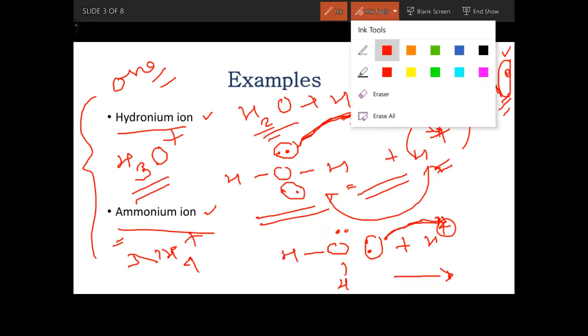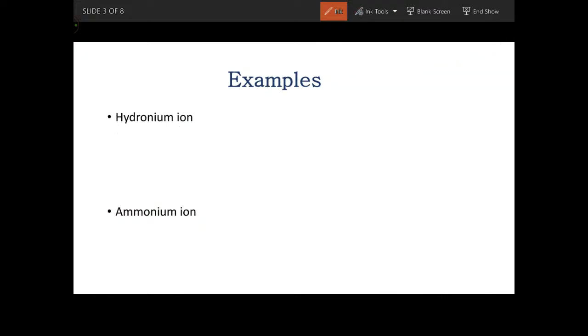First of all, let me erase all this, then it will be easy for me to show. Oxygen is here, this is one hydrogen, and one lone pair is left because oxygen was having 2 lone pairs, and one went to H plus.